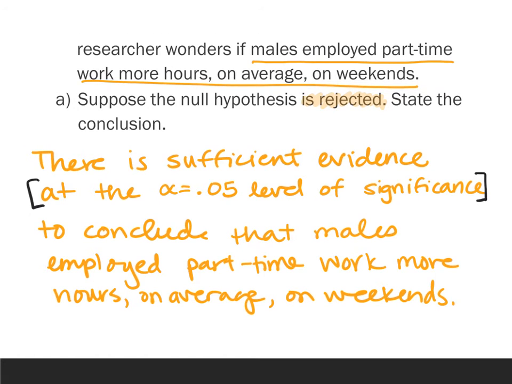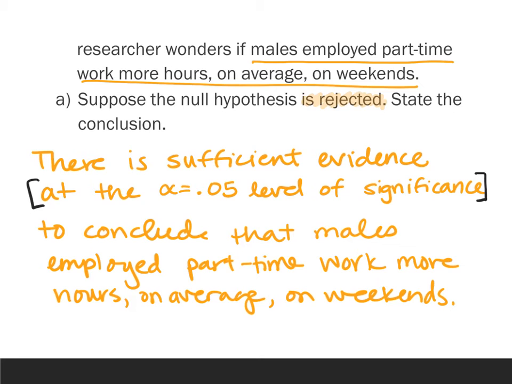And so I've got three main components. I tell if I have the evidence or not, so there is sufficient or insufficient evidence depending on my decision. I tell what level of significance I use, and we can talk more about that as we go through the examples in 10.2 and 10.3, but someone else could use just our own data and a different level of significance and end up with a different decision.